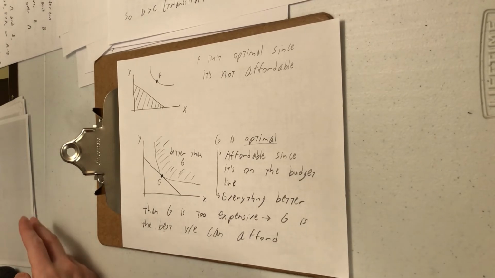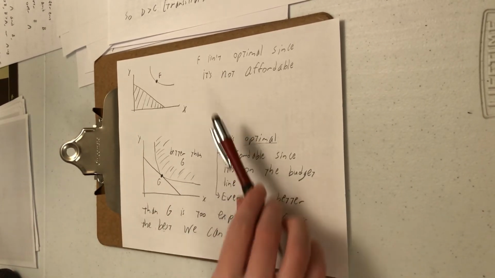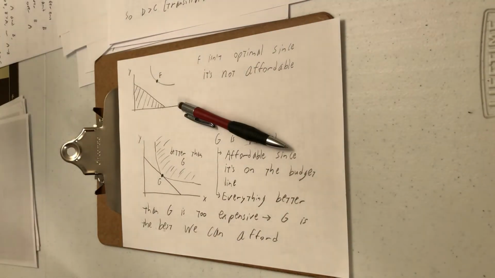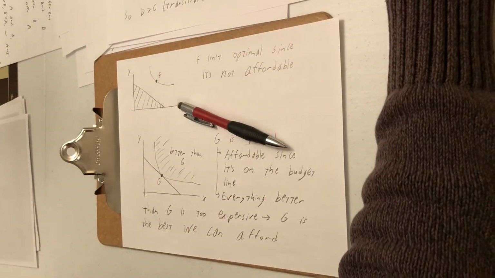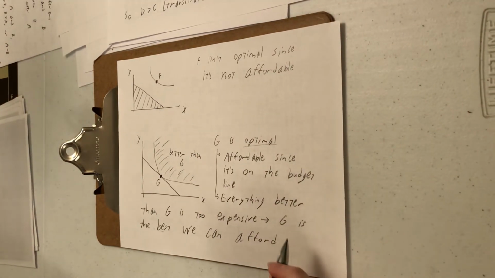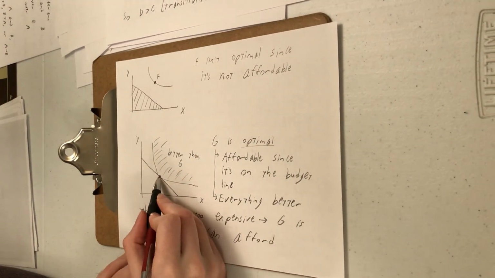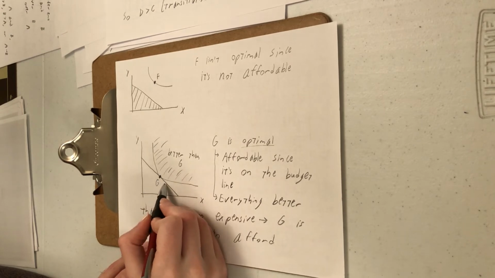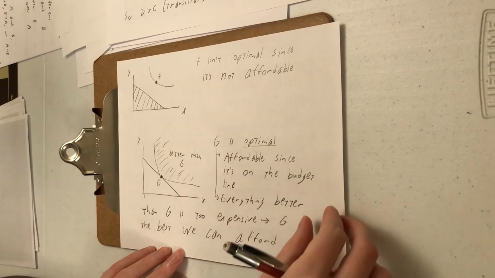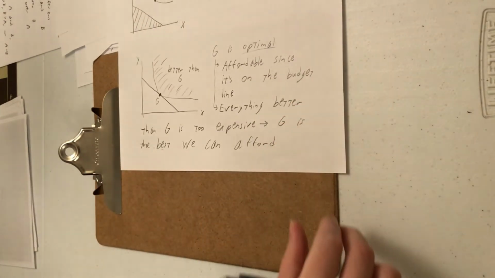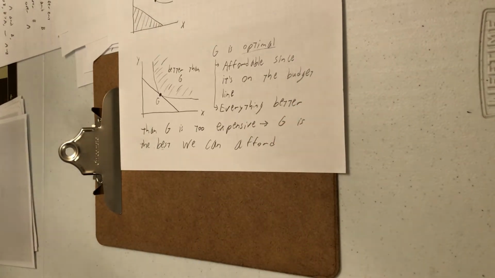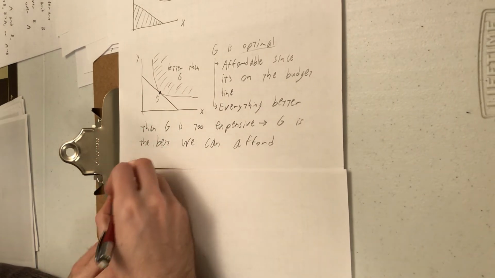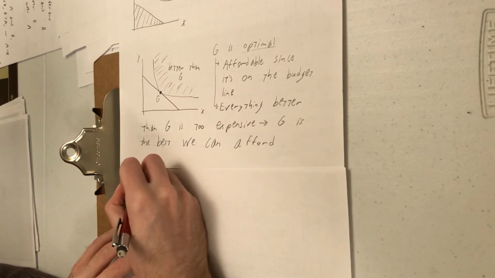So there are some special things about point G on our graph. At bundle G, the slope of the indifference curve and the budget line are the same. So these curves are tangent.